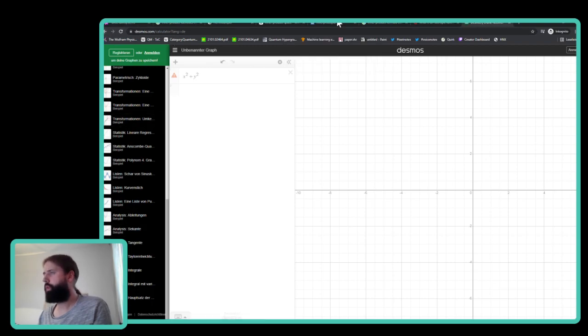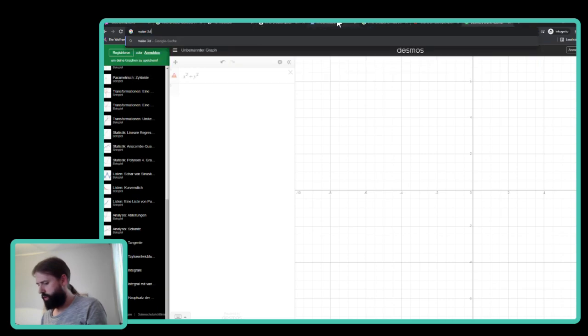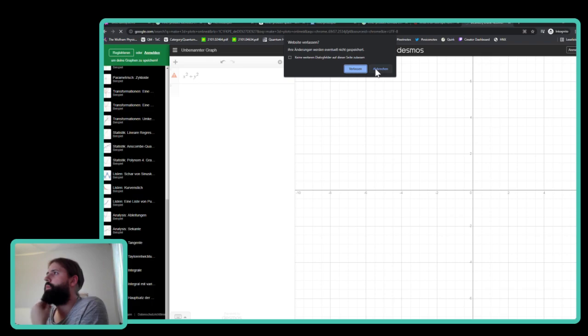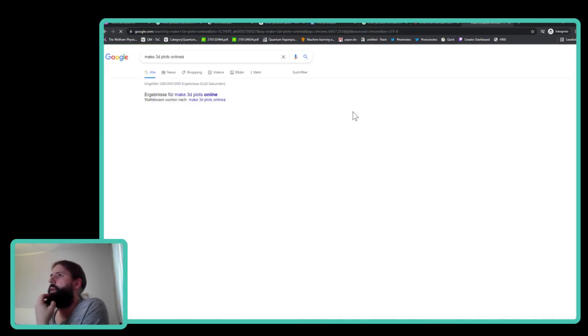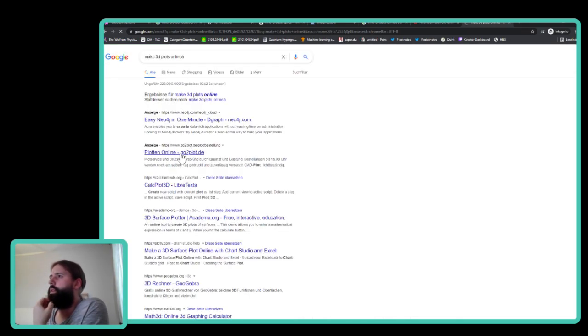Ah, come on. Make 3D plots online. I don't want to have to download anything.